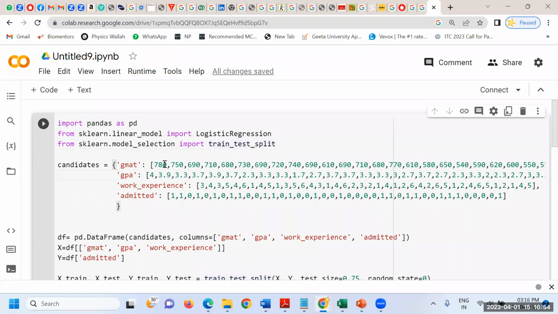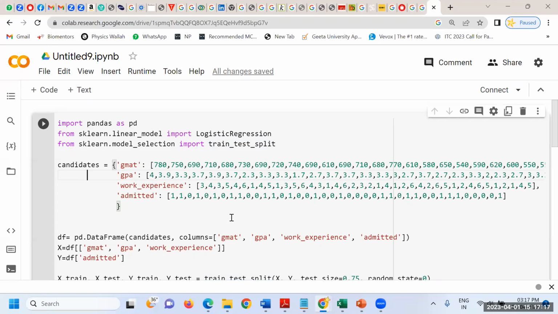Now, here you may take the help of a CSV file also. That is very simple. In that case, what you have to write is pd.read_csv, and within the bracket, give the path of the file. Right now I have taken the values here itself. I have taken some data in order to show how it is really working.